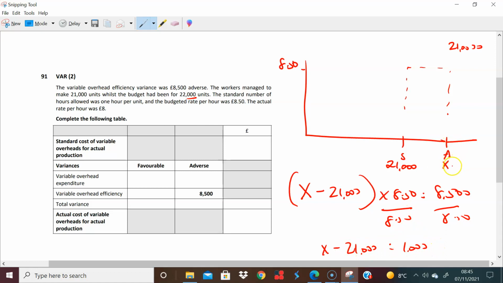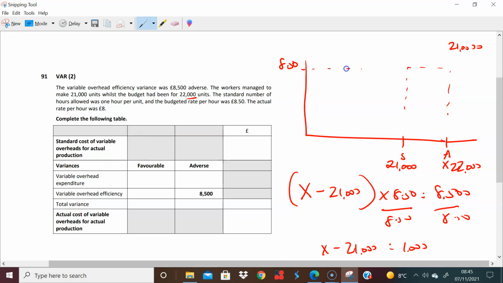So x is definitely 22,000. Now I know the actual number of hours that I'm working with, so I can go ahead and do the rest of the question.